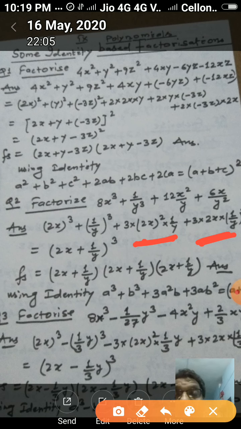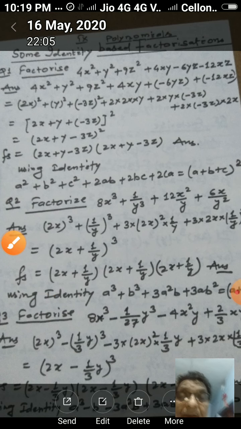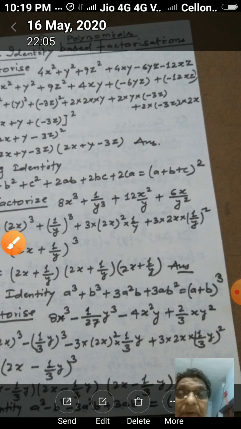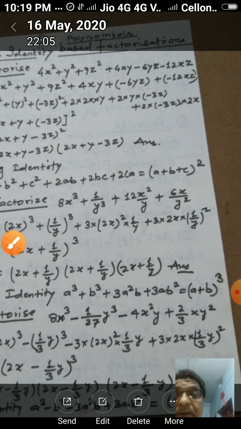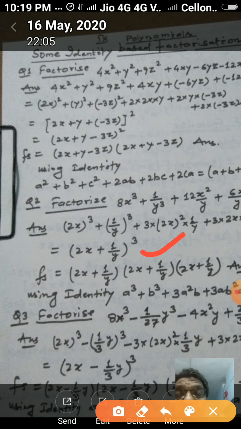Okay, students, now it is well arranged on the identity: a cube plus b cube plus 3a square b plus 3ab square is equal to a plus b whole cube. So I have finally written its answer as a plus b whole cube, that is 2x plus 1 by y whole cube, because our a is 2x and b is 1 by y, and whole cube means we have to write the bracket 3 times.